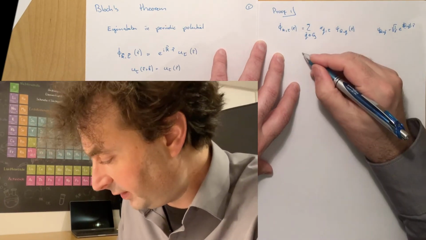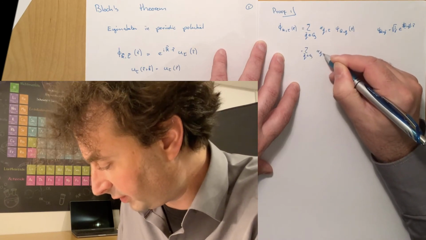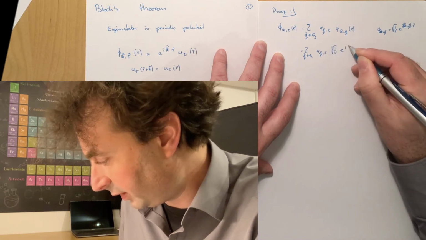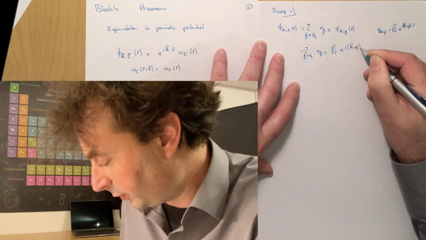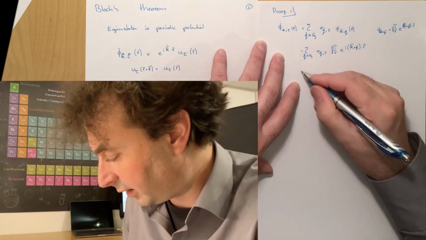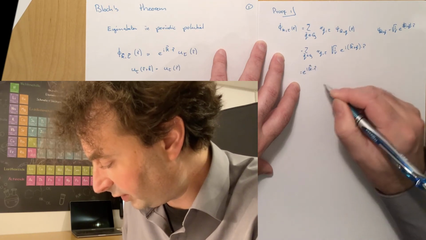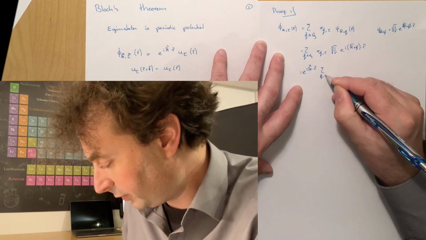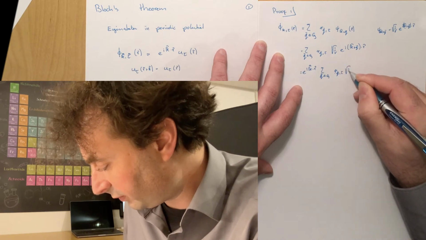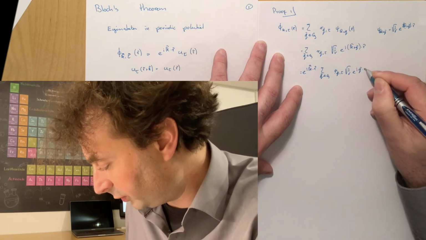If we put that in, we find the sum over all lattice vectors of α_{q,τ} √(1/V) e^{i(k+q)·r}. We can take the e^{ik·r} outside, and then we have the sum over all reciprocal lattice vectors α_{q,τ} √(1/V) e^{iq·r}.